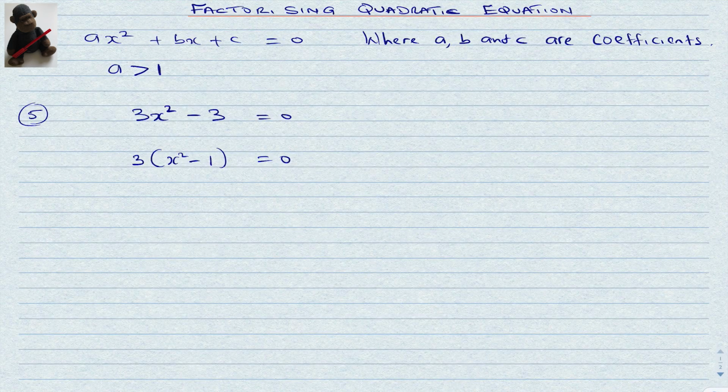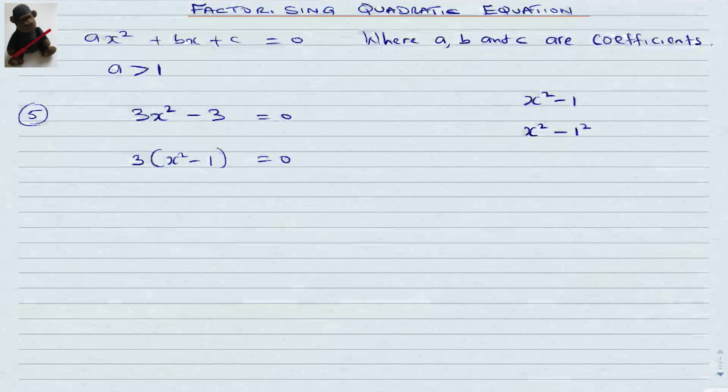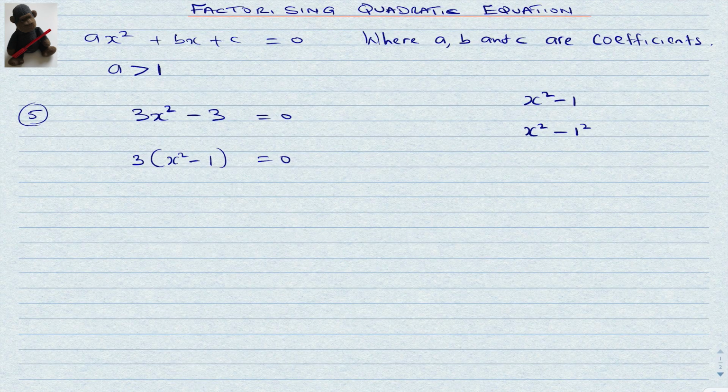Now, x squared minus 1 is what we call the difference of two squares, because I've got x squared minus 1 squared. 1 squared is 1. And in the difference of two squares, we have a squared minus b squared. That will become a plus b, a minus b.